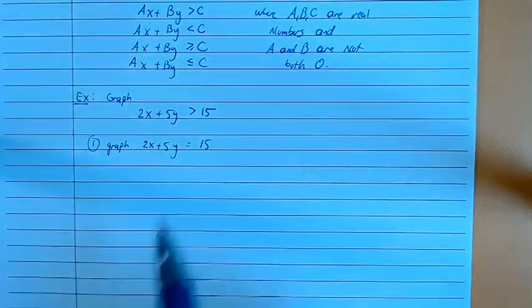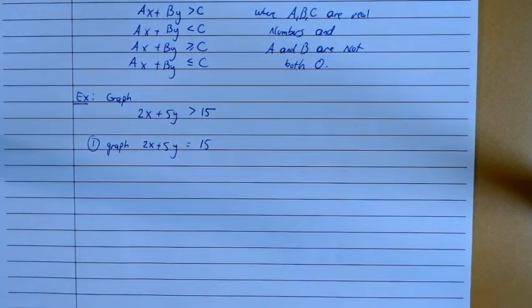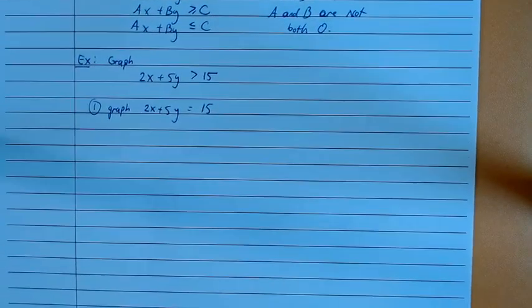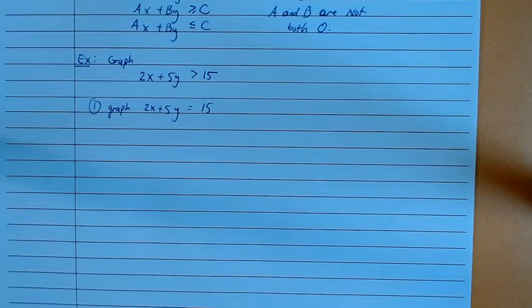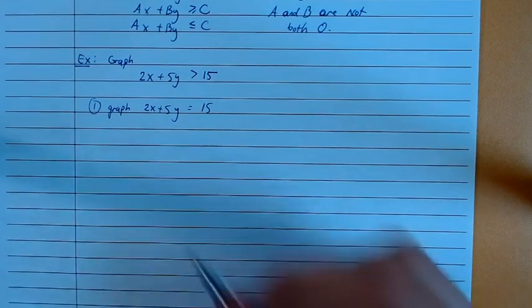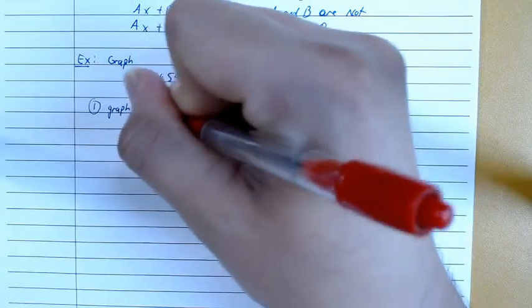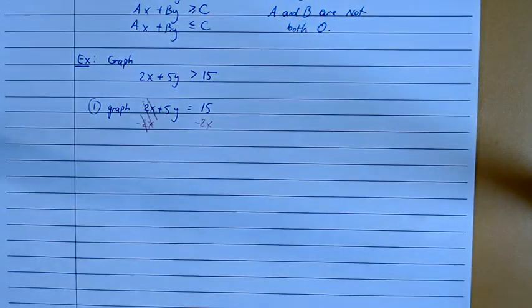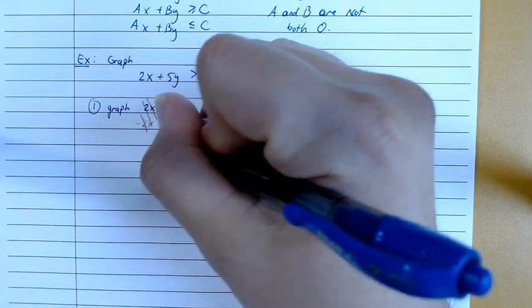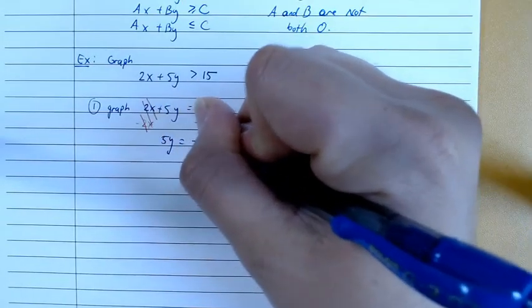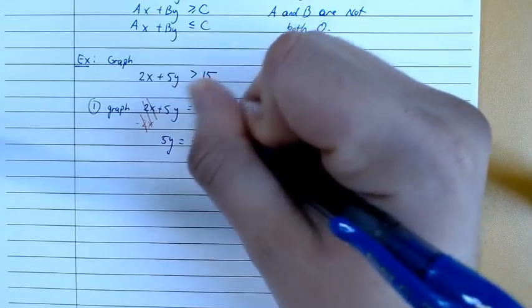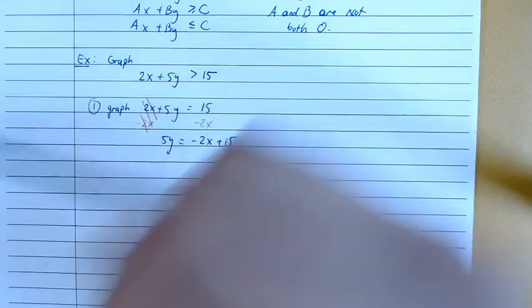And that we know how to do. We can solve for y, put this in slope-intercept form, and then graph. So let's go ahead and do that first. I'm going to subtract 2x from both sides. 2x minus 2x goes away. That's 0. Leaves me just my 5y, and that's equal to minus 2x plus 15.